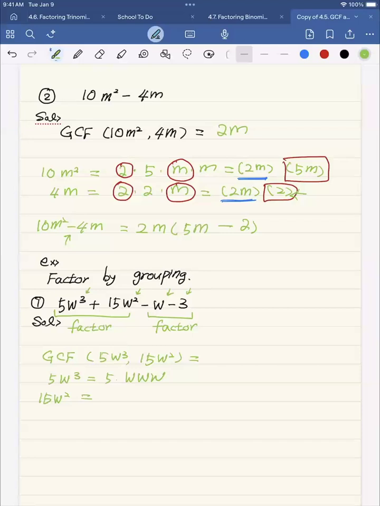You should be able to find this one as 5W squared. So 15W squared is 3 times 5 times W times W. So 5 is common and 2 W's are common. So that's 5W squared.